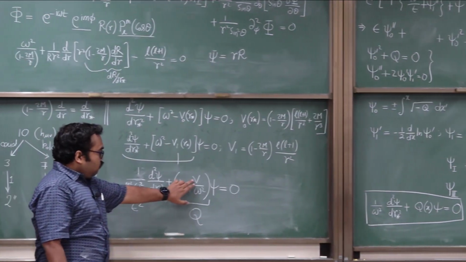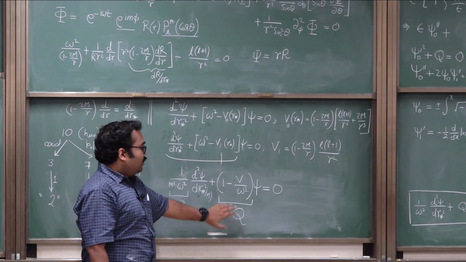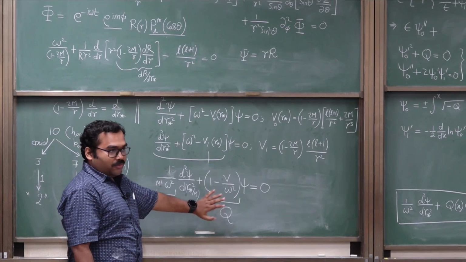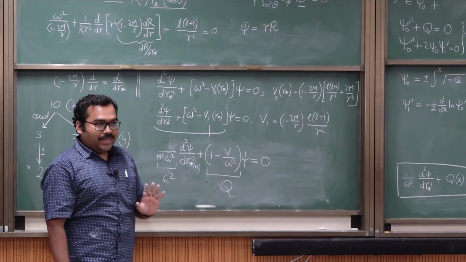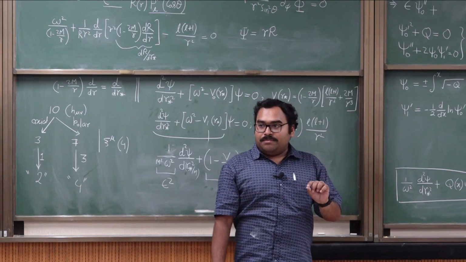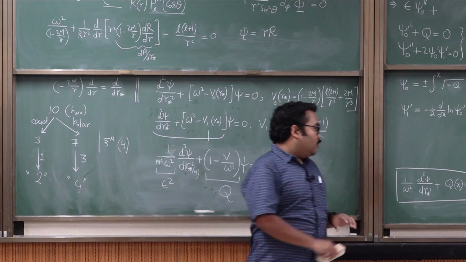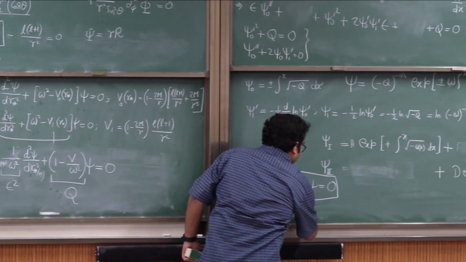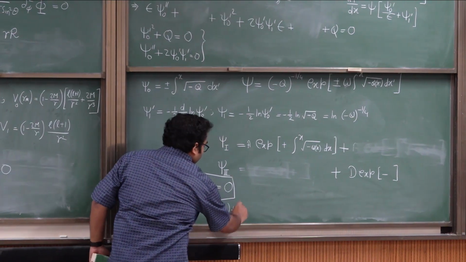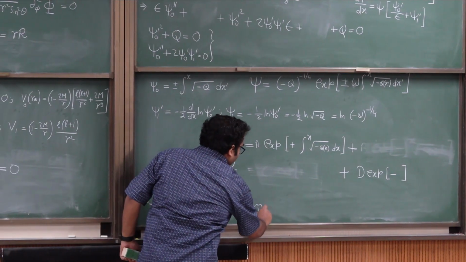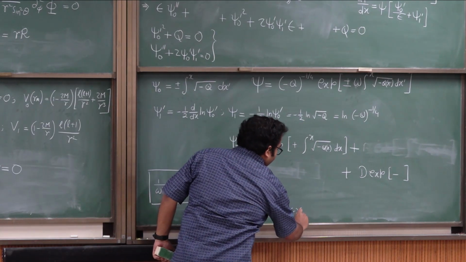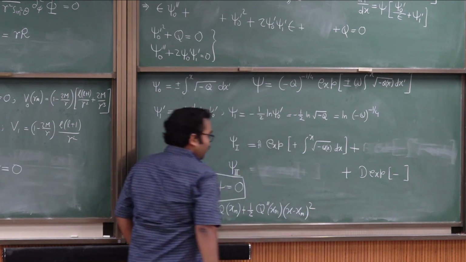Now wherever v has a maxima, q will have a minima or maxima, which we will come back to, but it will have an extremum. At least that much is sure. That means q prime at x maxima is going to be 0. So therefore we will approximate this as q at xm plus half q double prime at xm into x minus xm whole square.